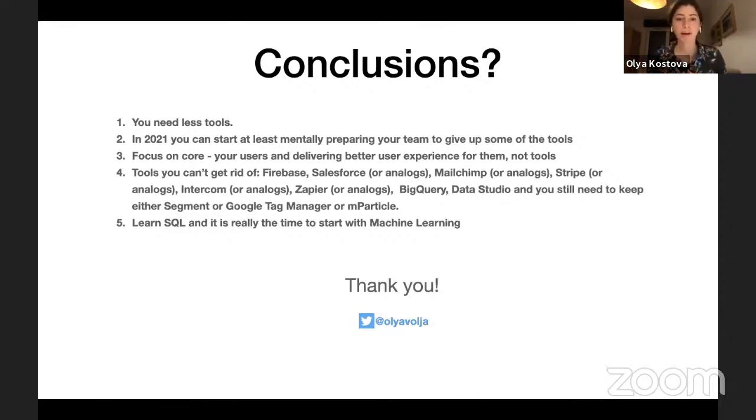What I mean by that is that if you collect events with Firebase, you still need to send those events through Google Tag Manager if you want to see them in, let's say, Mixpanel or any other tool, or in Facebook or elsewhere. So you will have to keep one of these tools.